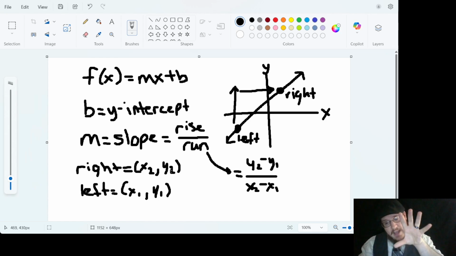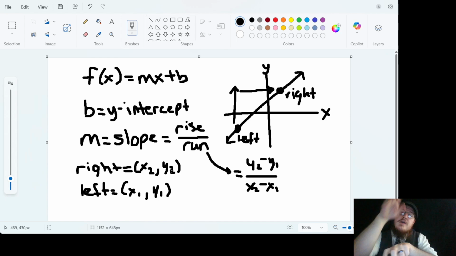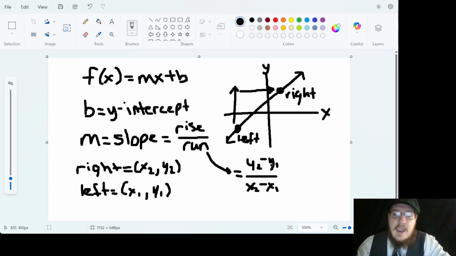So we plug in the values of our 2 points, the 2 y values on top, the 2 x values on the bottom, and you do the right minus the left for both the top and the bottom. Then, once we perform the operations, we get our slope.